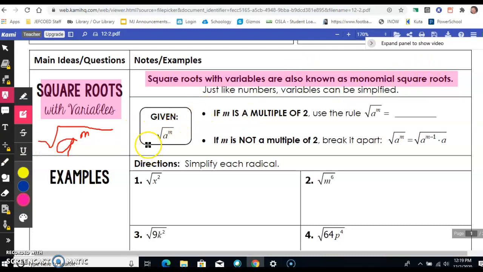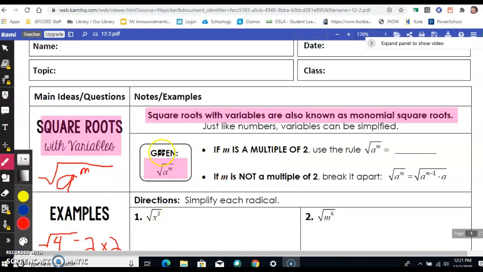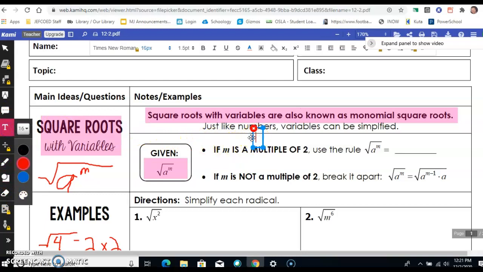Now, like I told you earlier, guys, it's going to be given to you in this form. The square root of a and m as my exponent, okay? So once again, just like we already know, guys, just like numbers, variables can be simplified as well. If we are given in this form here, it says if m is a multiple of 2, which means it's going to be what type of number? Anybody know? It's going to be an even number.